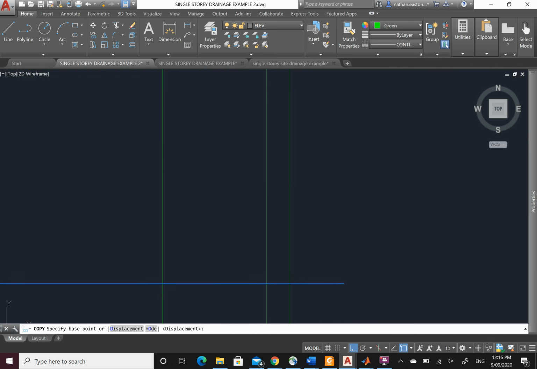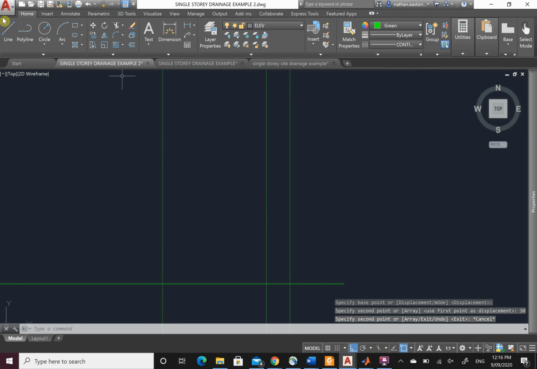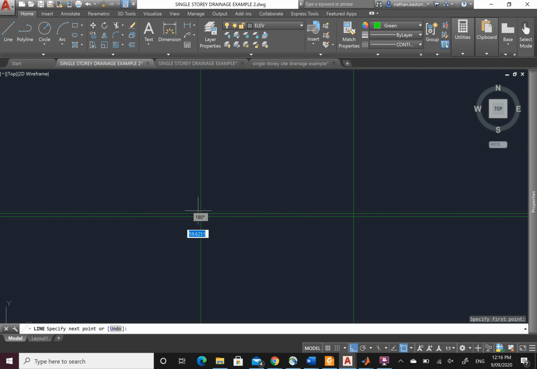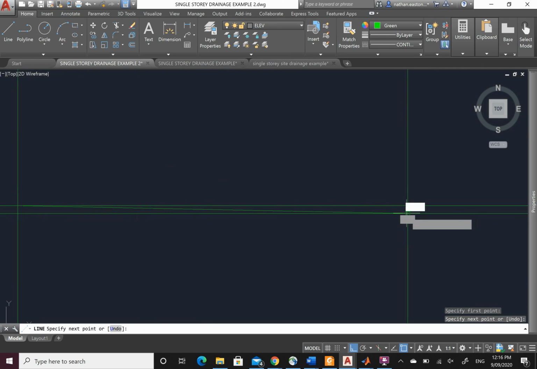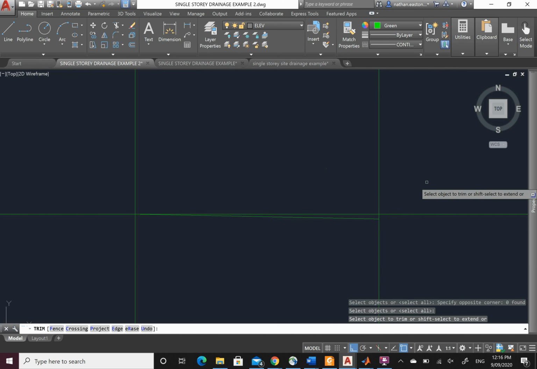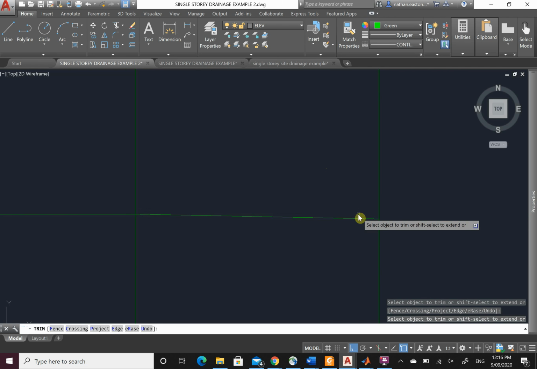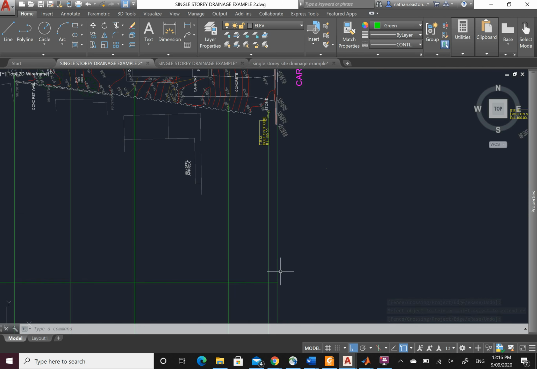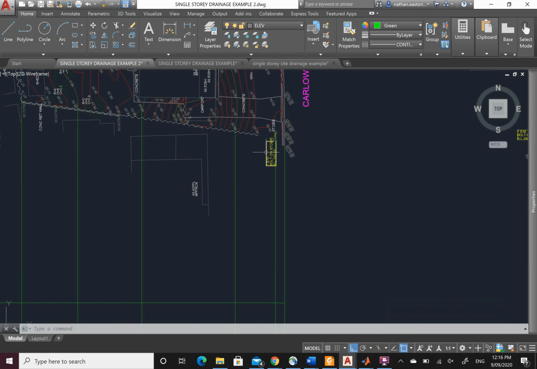So let's copy this down by 30. Draw a line from the intersection, this point's my 100, to here. Now I can delete this line, trim, enter, trim this one, trim that one. So this is my slope to the street. So it's pretty flat around that footpath there, which we can expect. You're not walking on a mountain when you walk down a footpath.